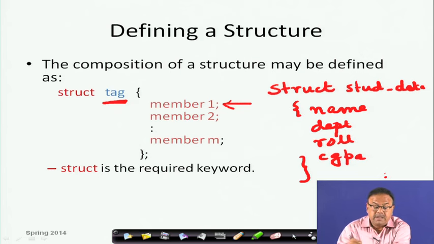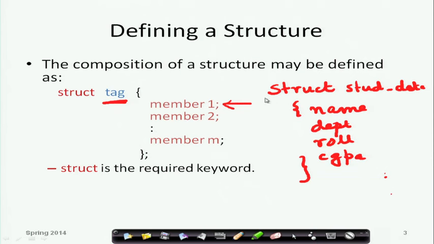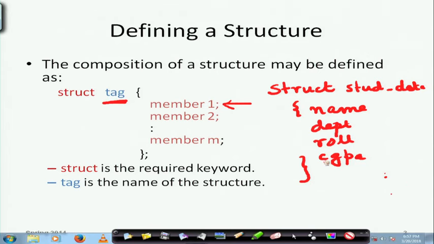So struct is the required keyword. I must write this word struct so that I can really show what this tag is, just the name of the structure, like stud data. So that is a structure, just as we had done for other variables.